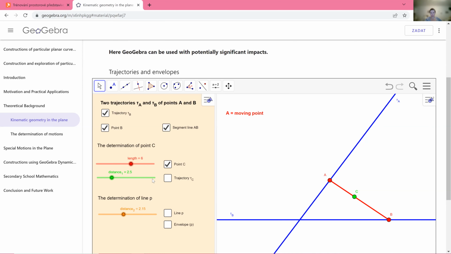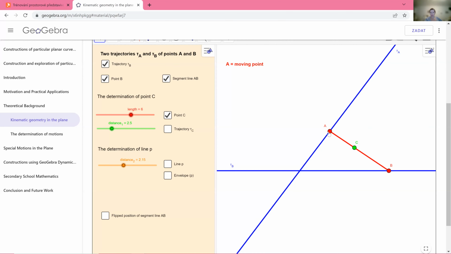So I will show you this example. I'm moving a point. It's done with trajectories of points A and B, and you can guess what the point C will draw. I think you know this example: point C is drawing an ellipse.